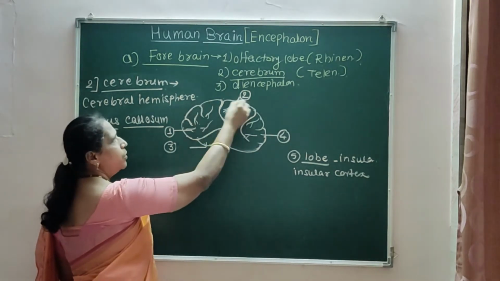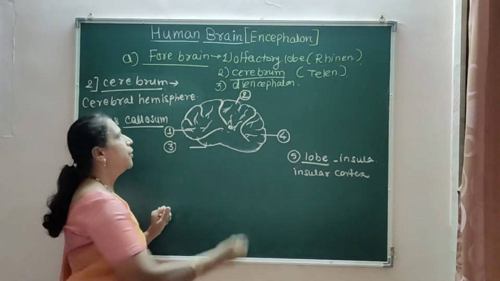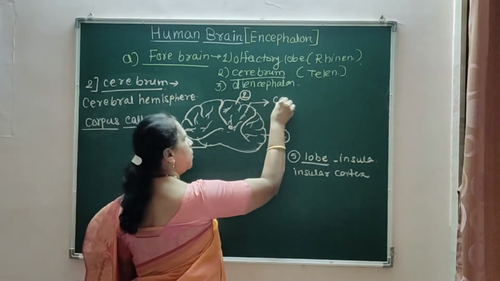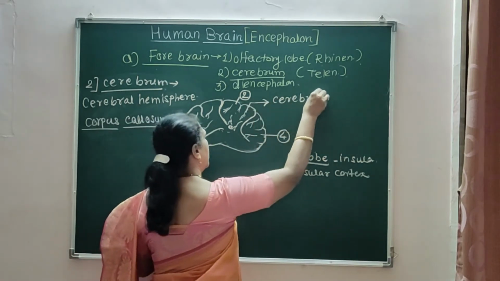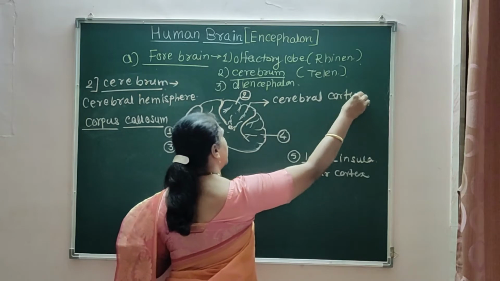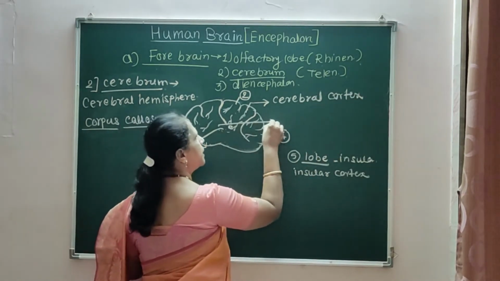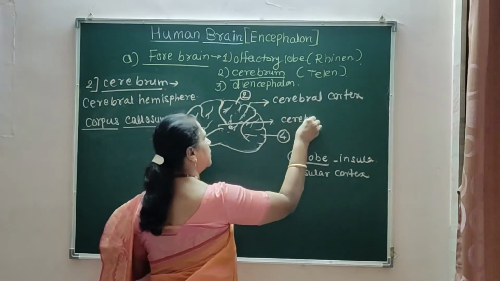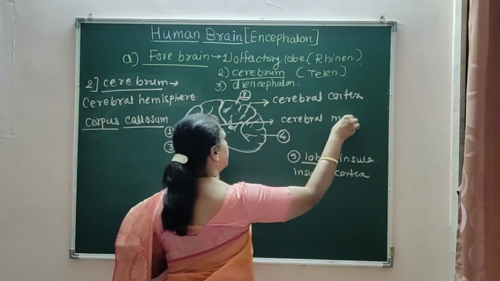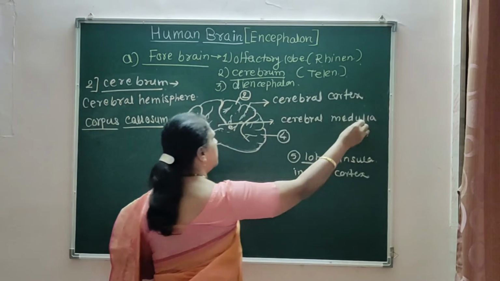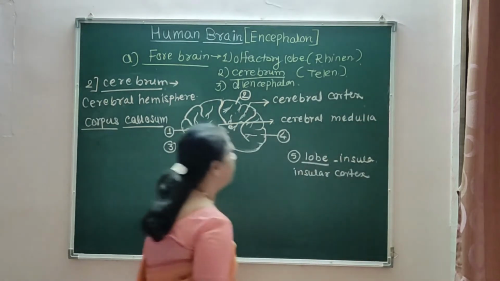Then the outer part of the brain is called the cerebral cortex, while the middle part is called the cerebral medulla. So cortex and medulla are the 2 regions of the brain.